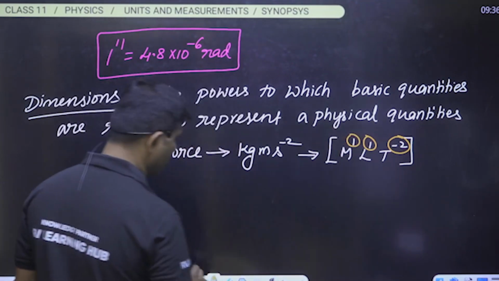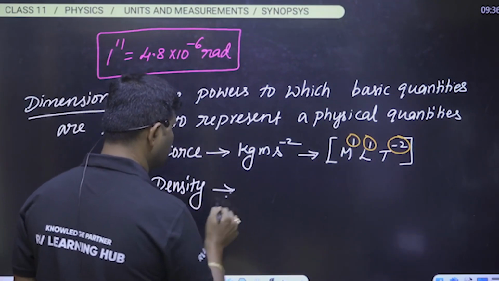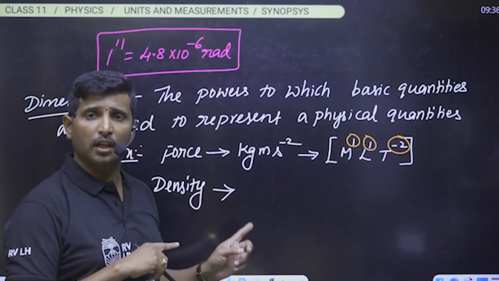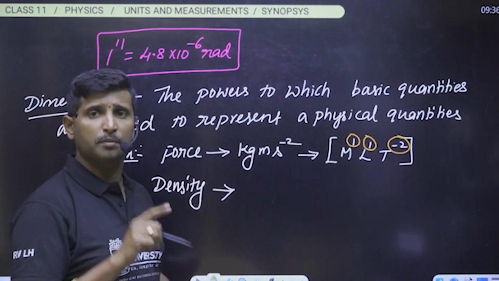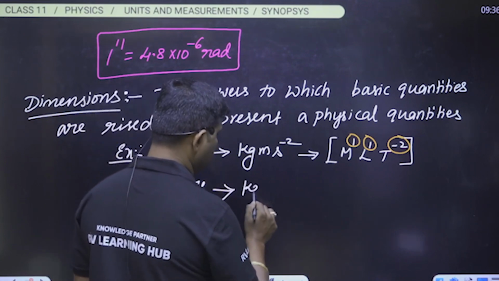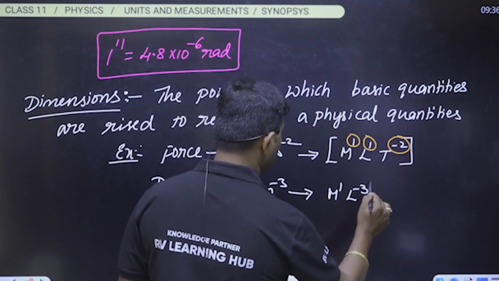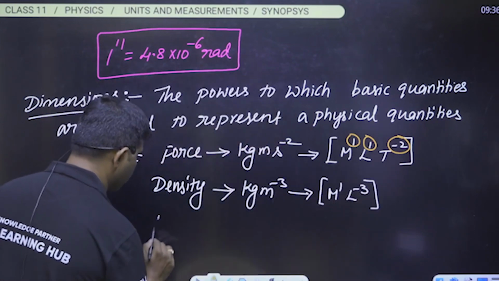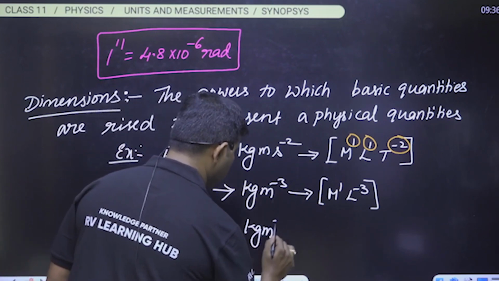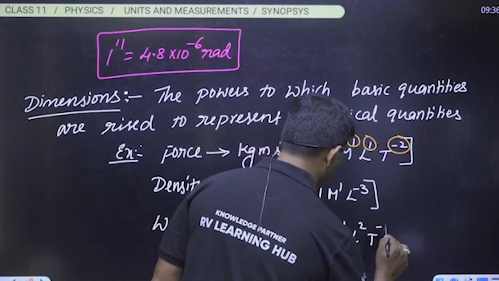So based on this, how can we write the dimensional formula? We must know the unit, or we must know how a physical quantity depends on the fundamental quantities. Then only it is possible to write the dimensional formula. Density is nothing but kg per meter cube, so M power 1 L power minus 3 we can write. Similarly, work has the unit kg meter square per second square, so we can write M power 1 L power 2 T power minus 2.